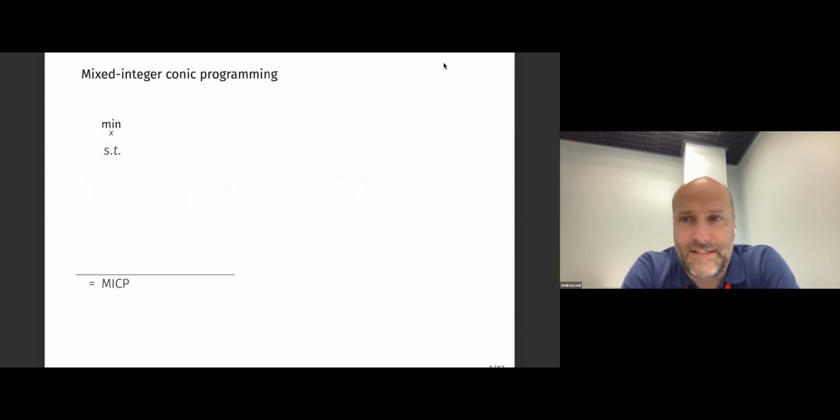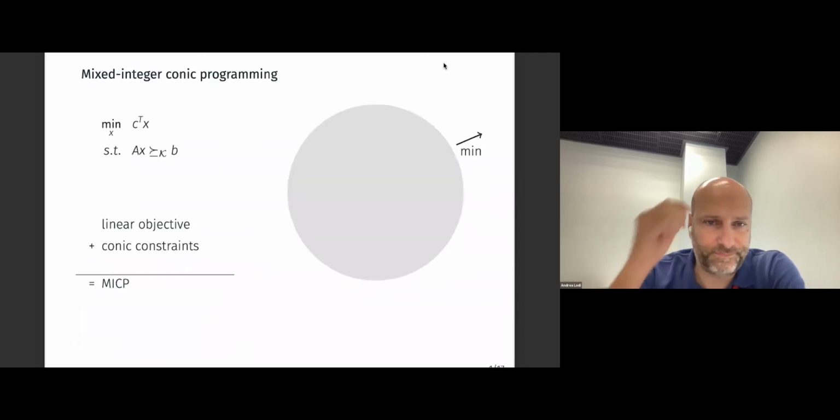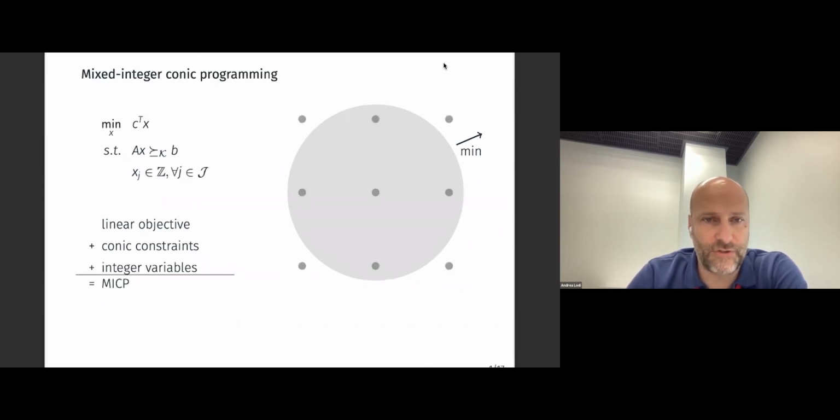This is about mixed-integer conic optimization. In mixed-integer conic optimization, I will assume a linear objective function and a set of conic inequality constraints. In addition, the integer part comes from the fact that some of the variables are supposed to take integer values.